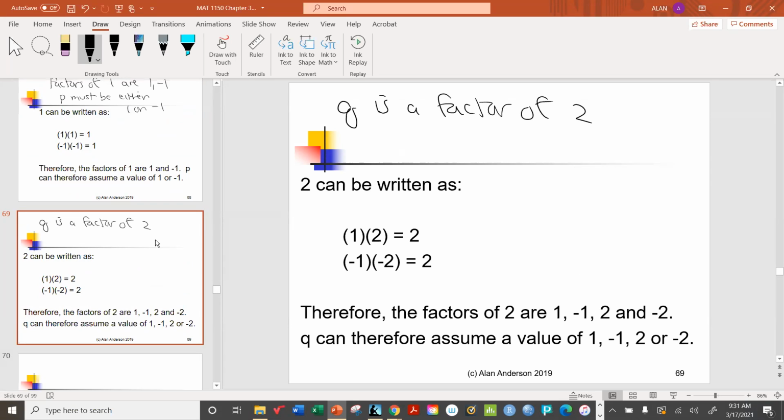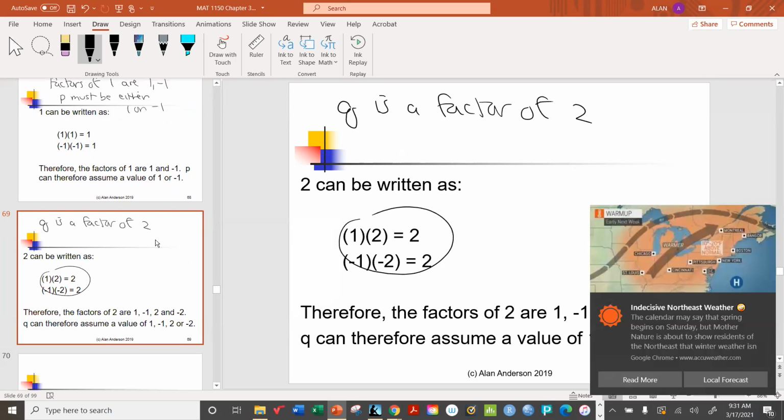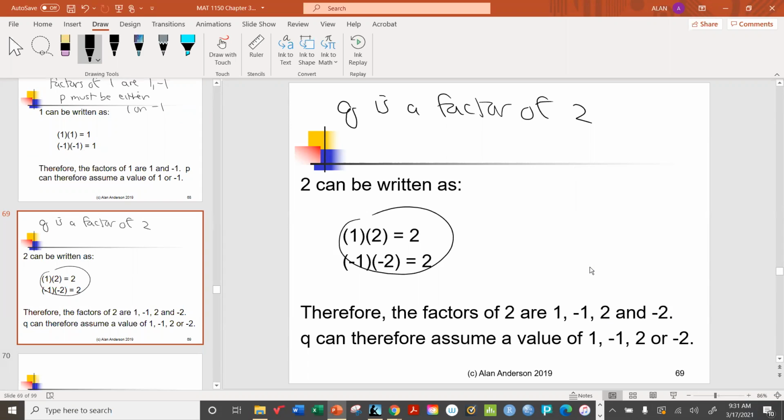Which now, if you notice, we allow for these possibilities. 1 times 2 equals 2, but also so does negative 1 times negative 2. So Q must be 1, negative 1, 2, negative 2. So unfortunately, that leaves us with a lot of possibilities.